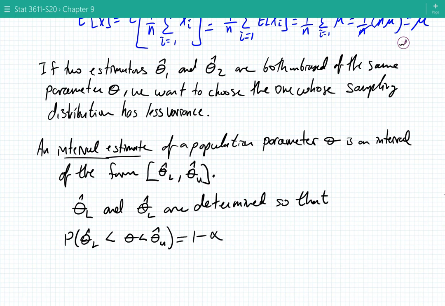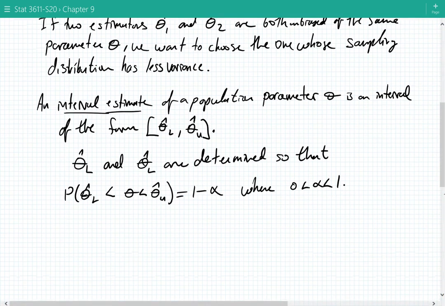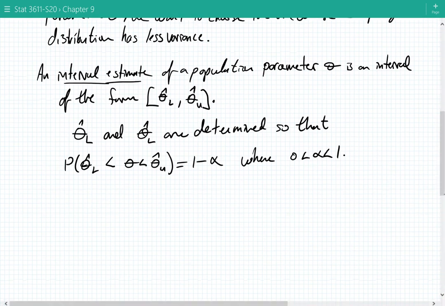This is just some percentage where 0 is less than alpha is less than 1. So say alpha is 5%, then 1 minus alpha would be 95%, which would give you a window that is accepting 95% of the values.